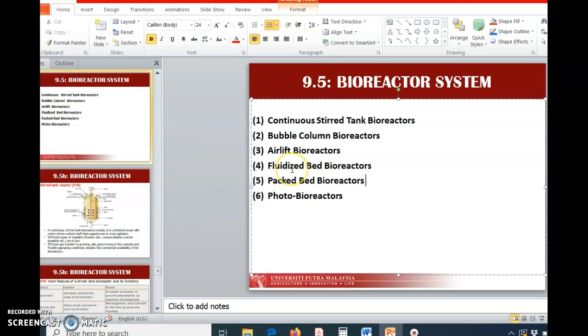The next one is the fluidized bed bioreactor, which is quite similar to airlift, but the design is a bit different. The next one is the packed bed bioreactor. They pass the nutrients through packed beads to induce a reaction. And the last one is the photobioreactor. They use light to induce the reaction of enzymes in the microorganism.